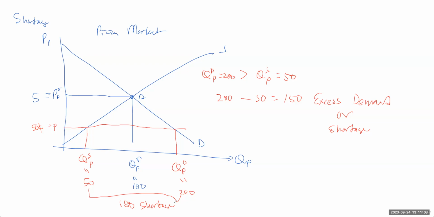Okay, we have the shortage. So what's going to happen? The shortage will eventually disappear because the price will adjust. So how does this happen? Let's go through this. Let's say 200 of us every day are lining up for pizza. There's only 50 slices of pizza, so 150 of us don't get pizza.